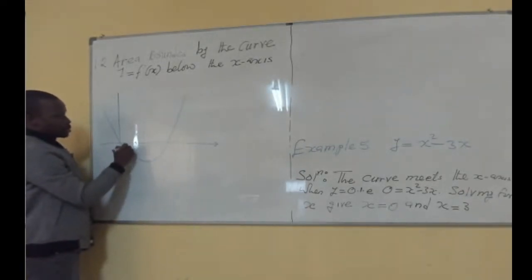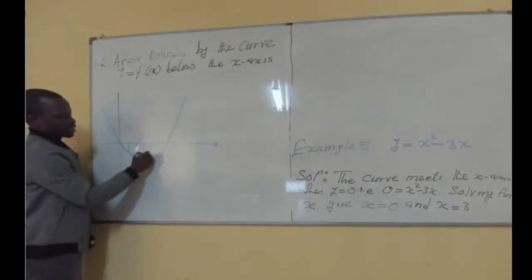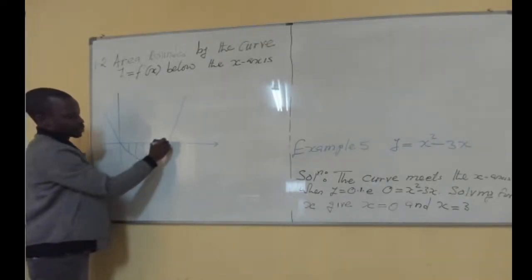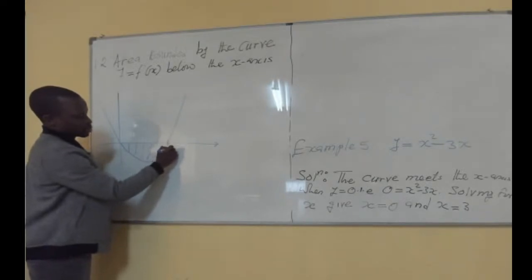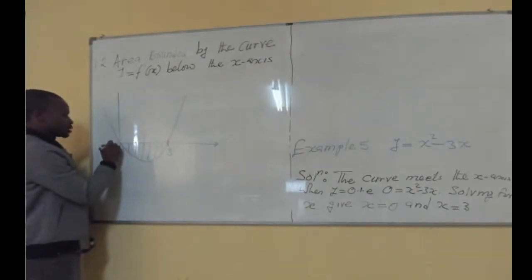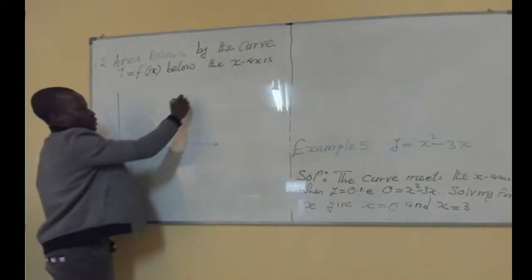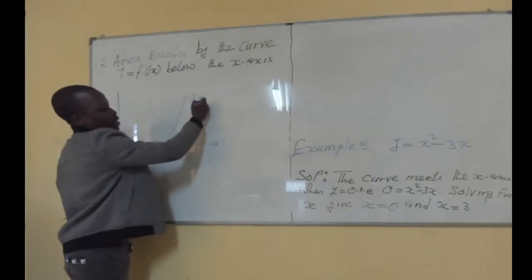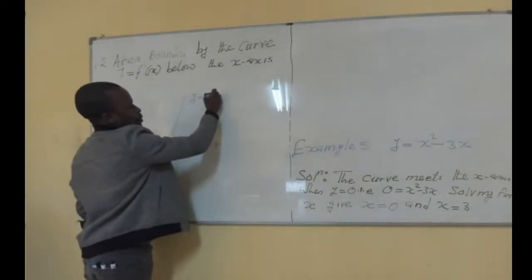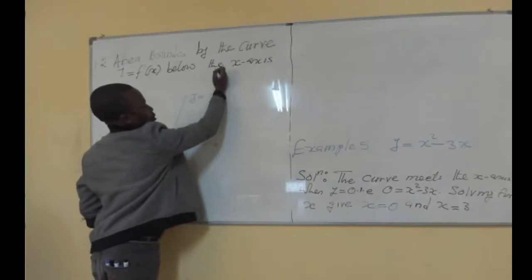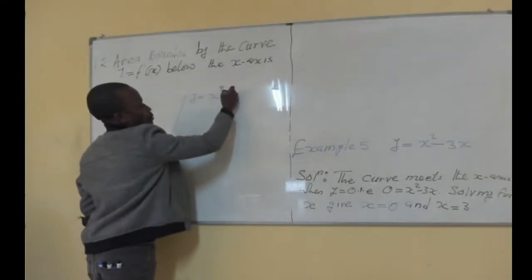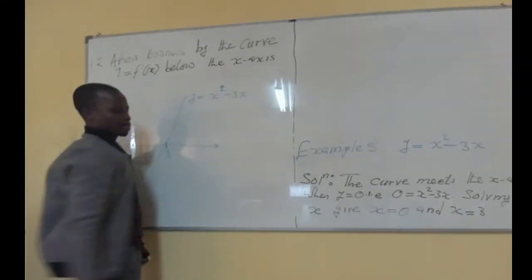This is the region we are talking about. It will cross the x-axis at these points. So this is y equal to x squared minus 3x.